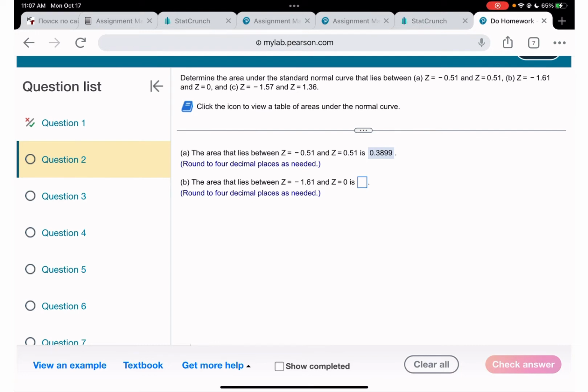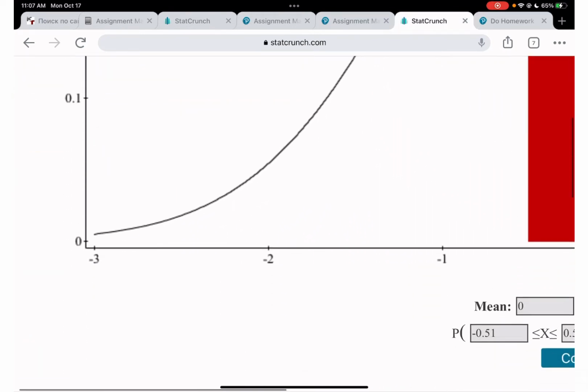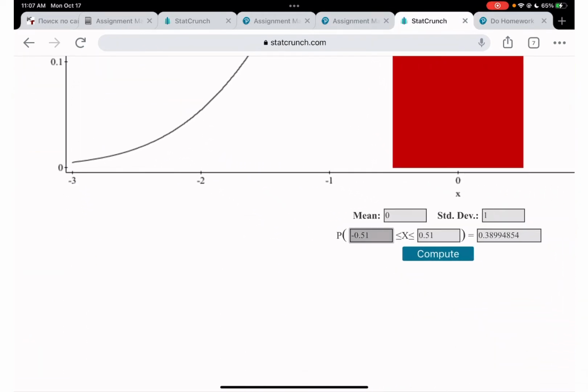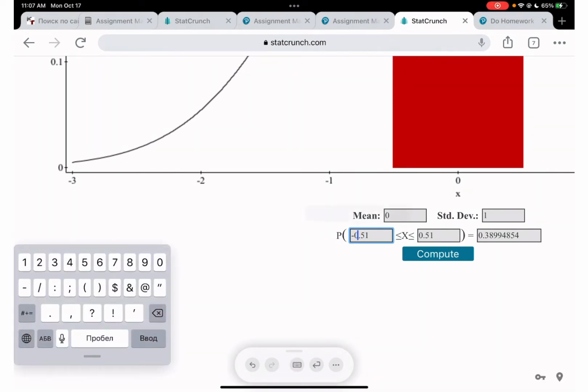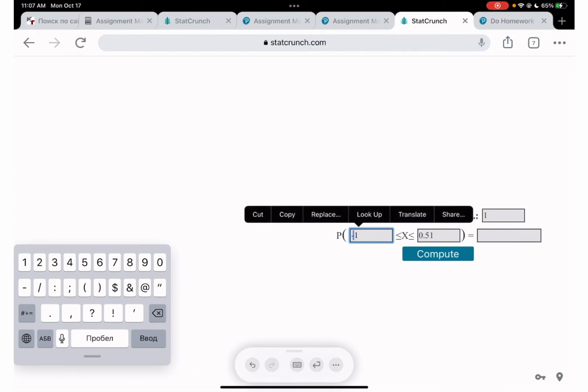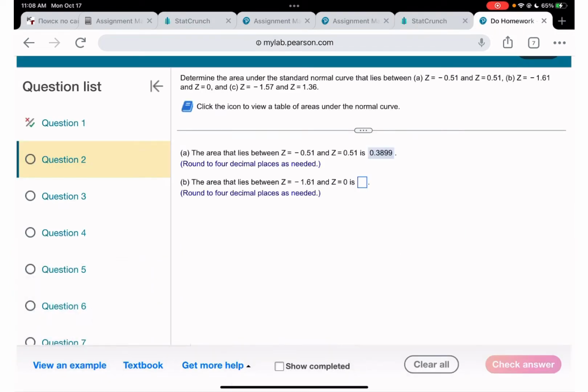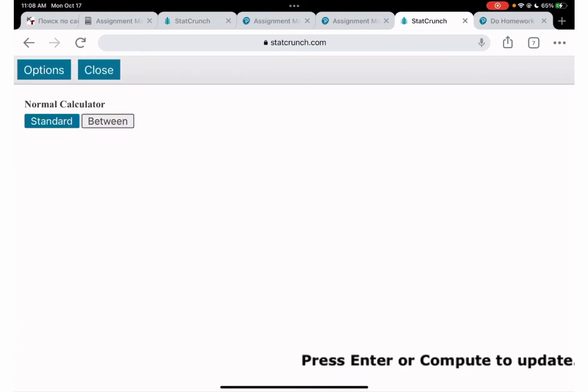Let me do this one also, and I'll move to the next one. Negative 1.61 and 0. Negative 1 point, I'm sorry, here it is going to be only 61. And here is 0 we have.